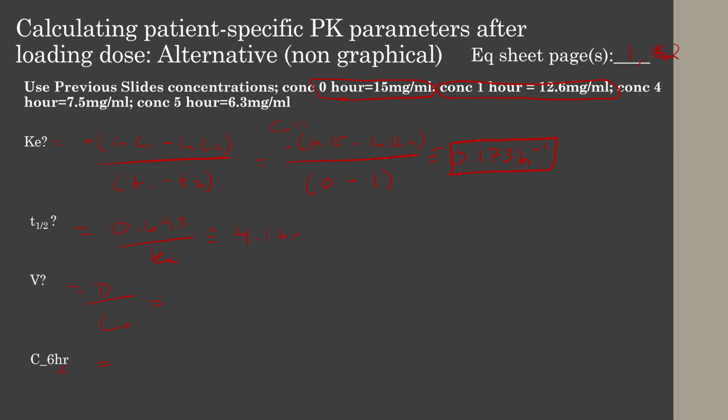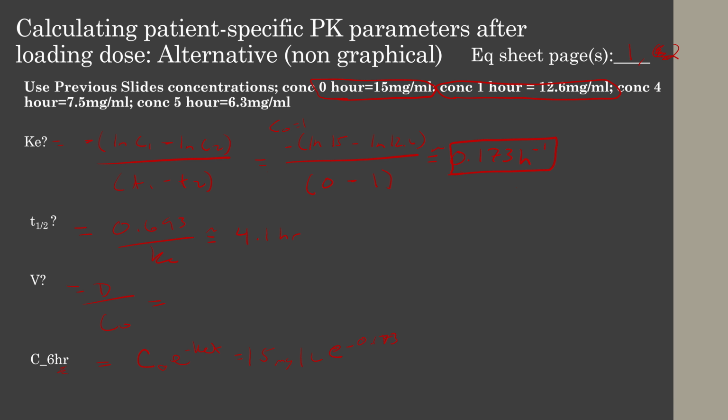Times e to the minus KE t. Remember, we're moving down that line to figure out what the concentration is. So that's 15 milligrams per liter times e to the minus KE. KE we figured out up there was 1.73 hours to the negative 1 times time, which is 6 hours.